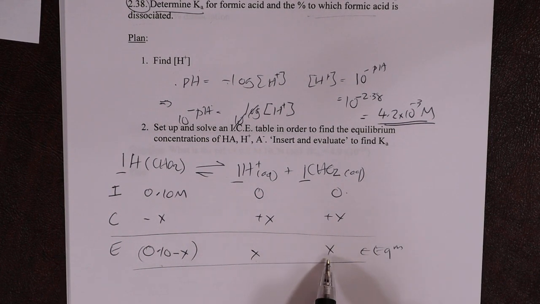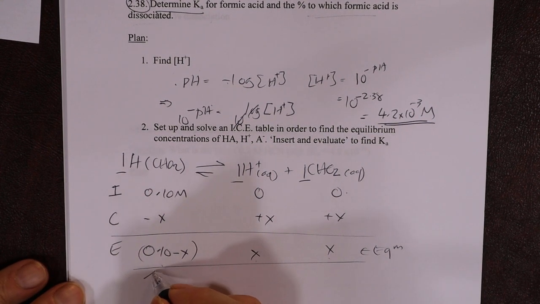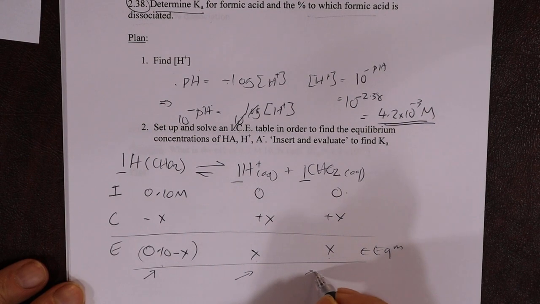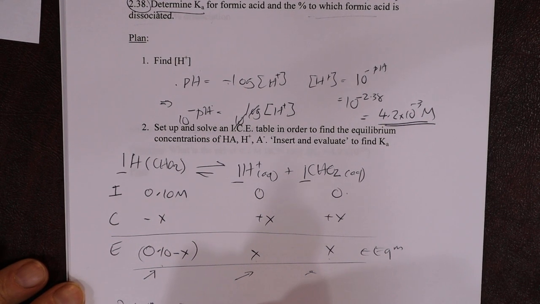We've got equilibrium values: the concentration of HCHO2 equals 0.10 minus x, and the concentration of H plus equals x.